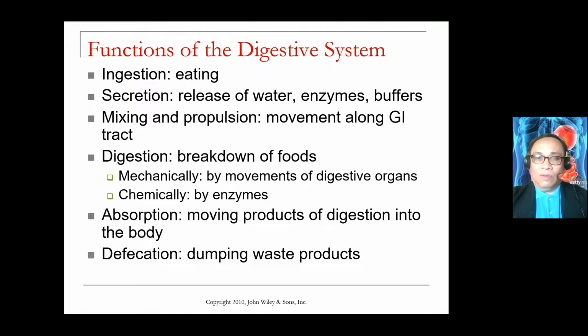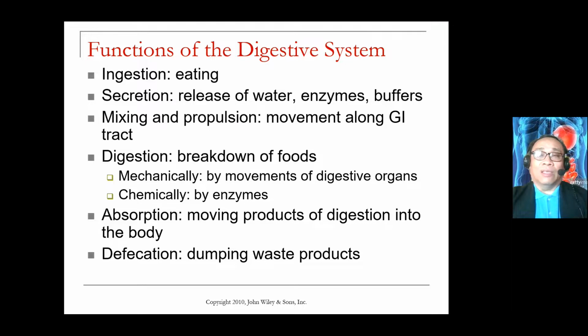And when the food is already broken down to its smallest particle, small enough for it to be absorbed by the walls of the digestive tract, this process is called absorption. And it is soon followed by assimilation, wherein the nutrients actually become assimilated in the blood and further utilized by the cells.